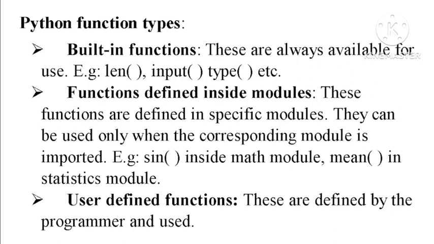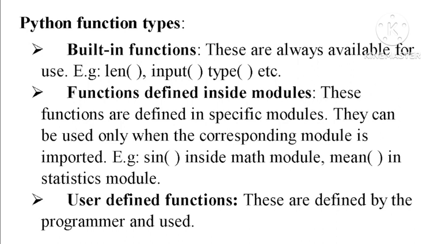So that is the second kind of functions. You would have already written programs using the functions that are inside modules. We have mean, median, mode functions inside the statistics module, and sine, cos, tan, floor, square root, and all these functions inside the math module.